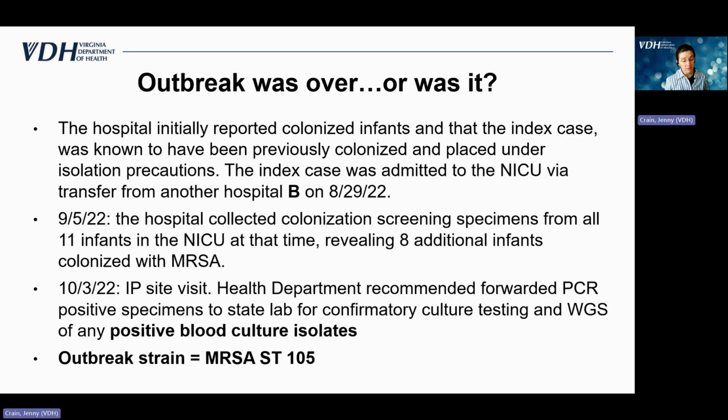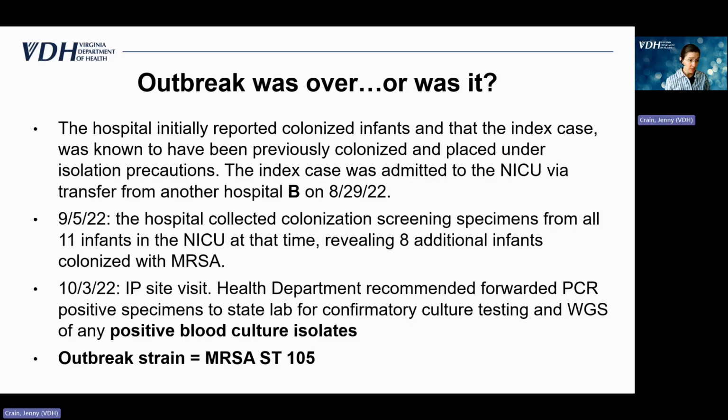So for outbreak B, investigators believe this was the index case. In response to that, on September 5th, the hospital collected colonization screening specimens from all 11 infants that were in the NICU at that point. Testing revealed 8 additional infants that were colonized with MRSA, who were also then put on isolation precautions.